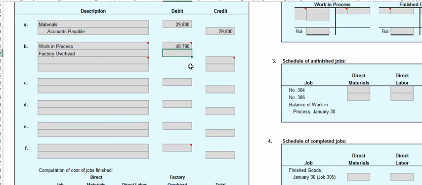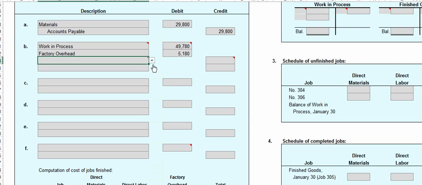But here, to get the debit to factory overhead, we're going to add together indirect materials, or the materials on the row that read for general factory use. So 1,080 plus 4,100, and that gets us 5,180.